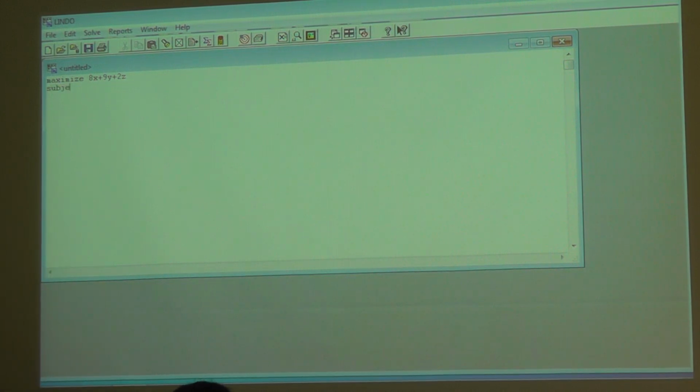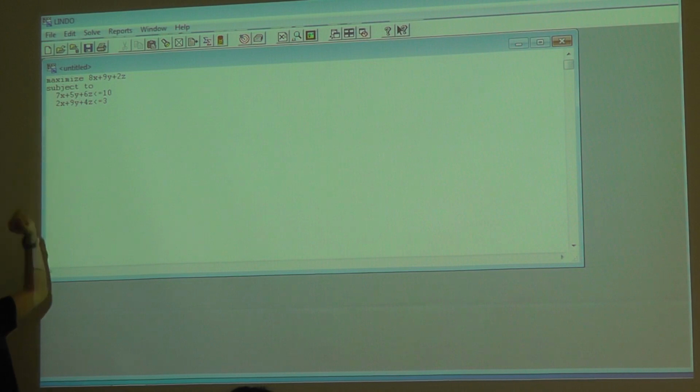Then you want to say that it's subject to some constraints, so you write down "subject to", then you write down the actual constraints. I'll use some random numbers: 5y plus 6z smaller or equal than 10, and 2x plus 9y plus 4z smaller or equal than 3.